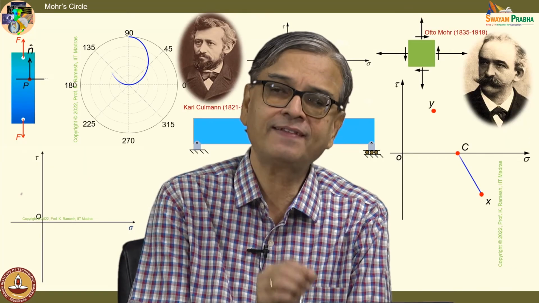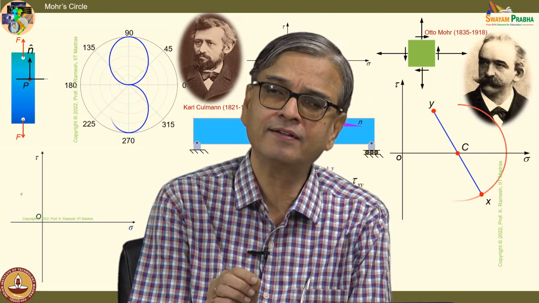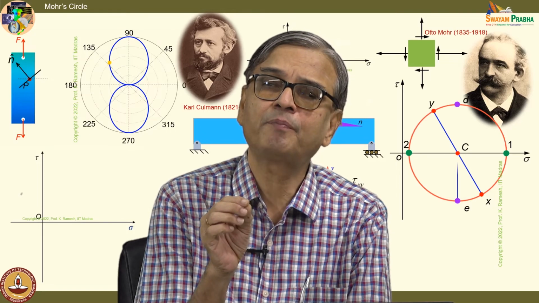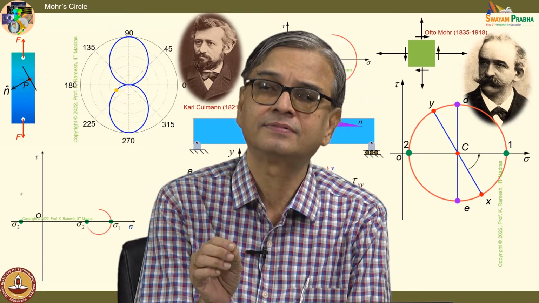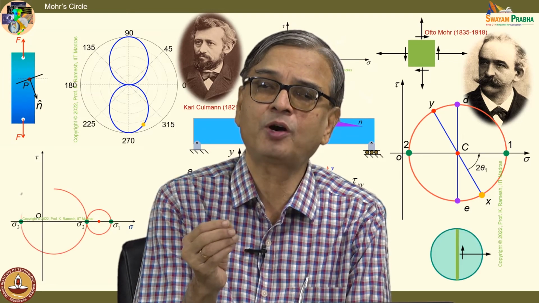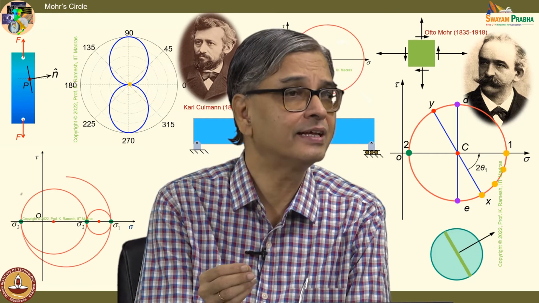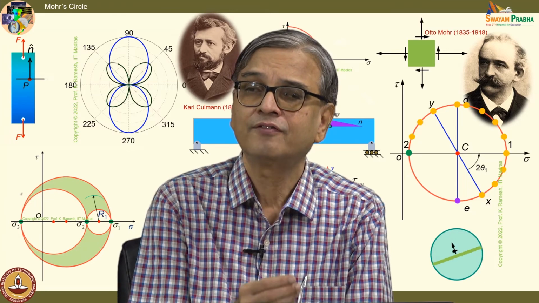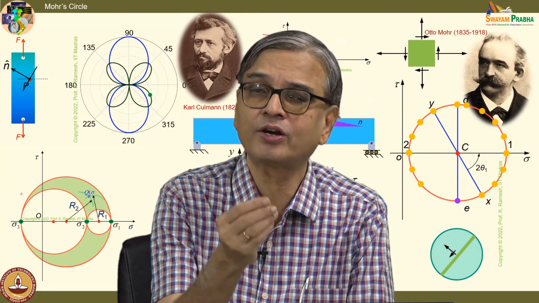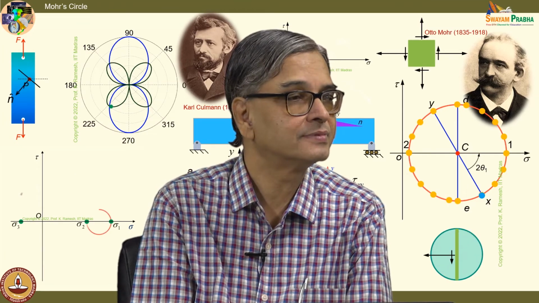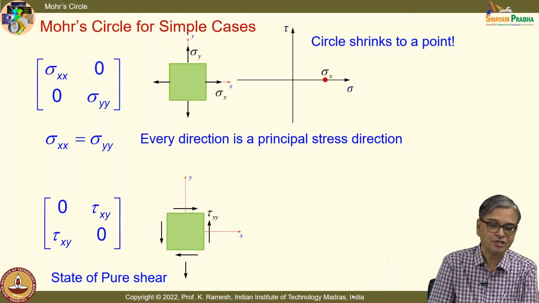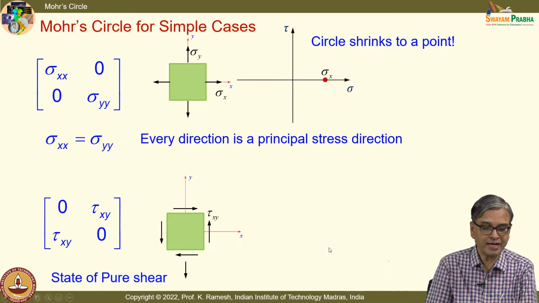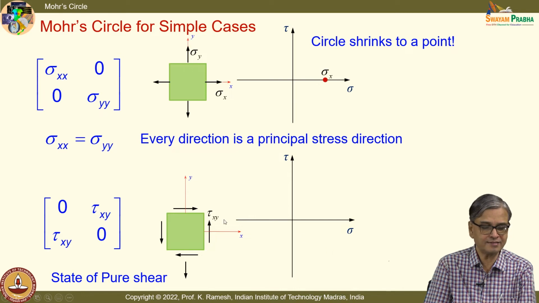See, the process is very simple. Look at the element and then plot the quantities. You have a positive shear acting on the x plane, and there is a convention. The convention says for a positive shear, I should plot it downwards. So, I will have my Mohr circle like this. You have to identify the x plane and y plane correctly.